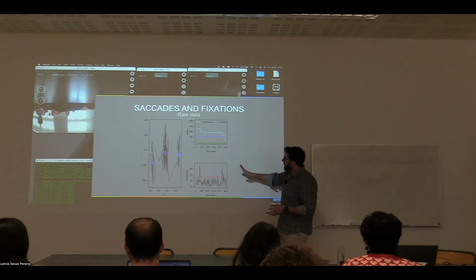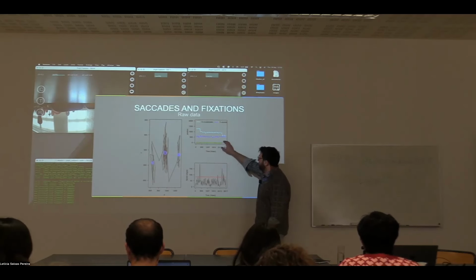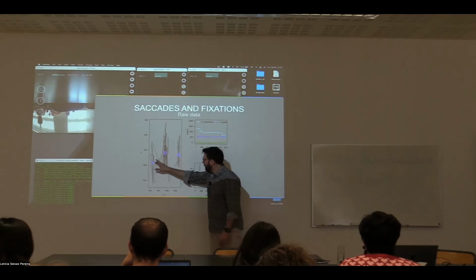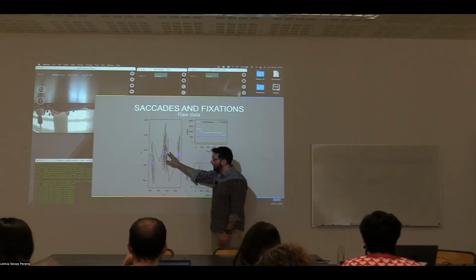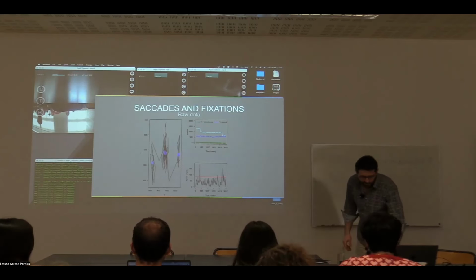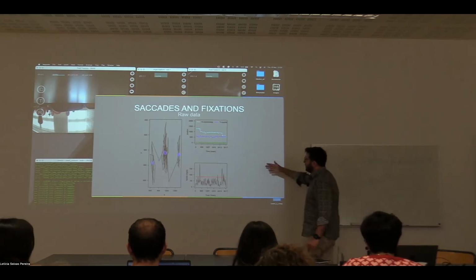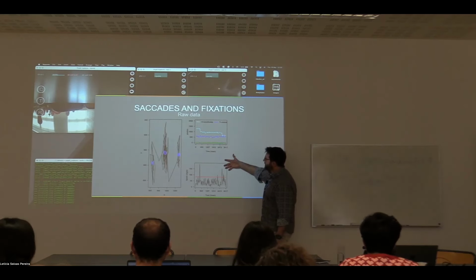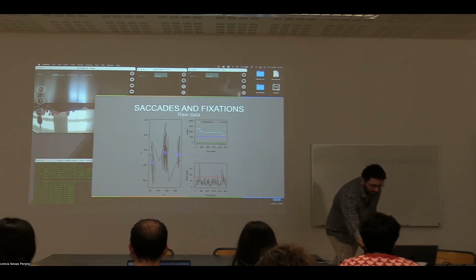Whichever you choose usually gives you a good estimation of where the fixations are. Like here, we see three fixations A, B, C in three different positions, and that's very similar to what we saw on the other slide.